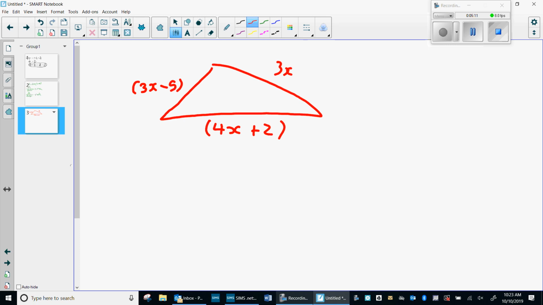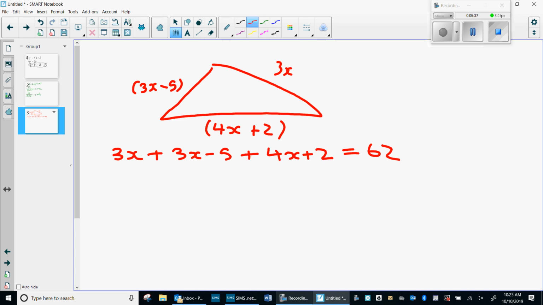So it'd be 3x plus 3x minus 5 plus 4x plus 2. And we know that that equals 62, so that's the perimeter.